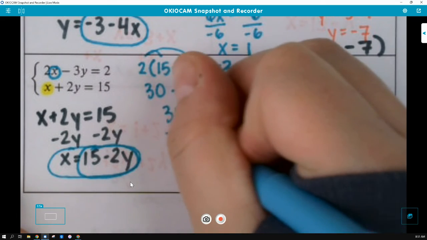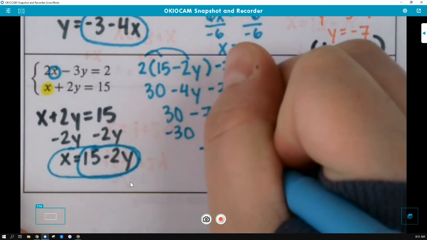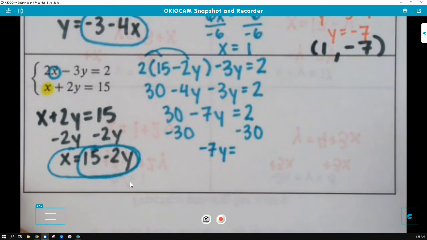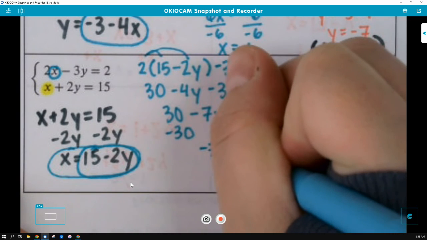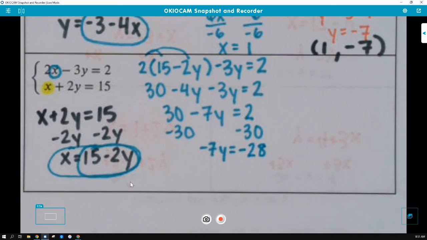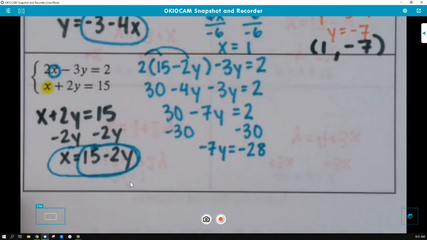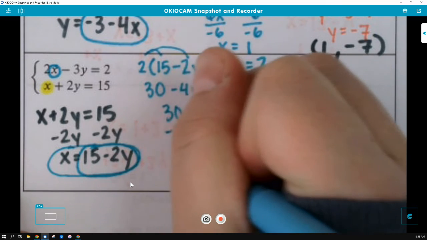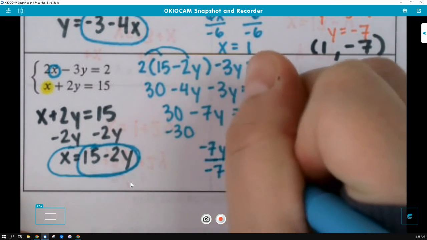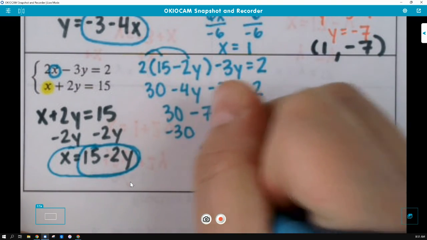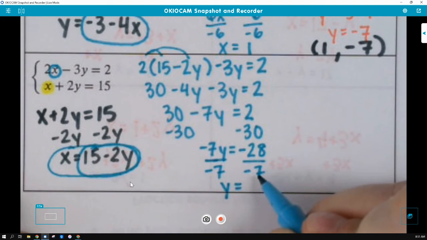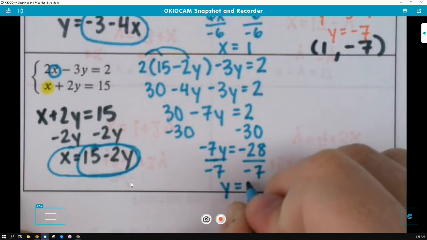Get negative 7y equals 2 minus 30 is negative 28. And then we can divide both sides by negative 7. And get that y equals negative divided by negative, positive 4.